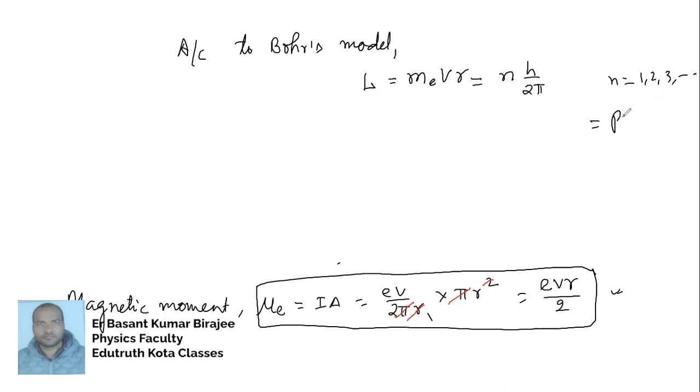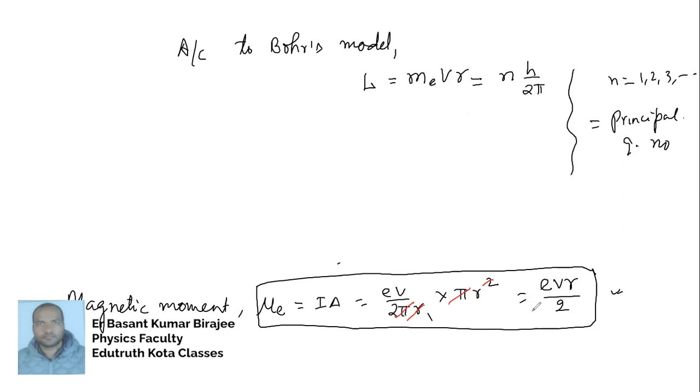It is the principal quantum number, which you might have studied in chemistry. So this is the formula for angular momentum, mvr equal to nh by 2 pi.